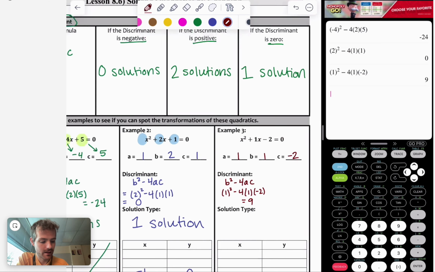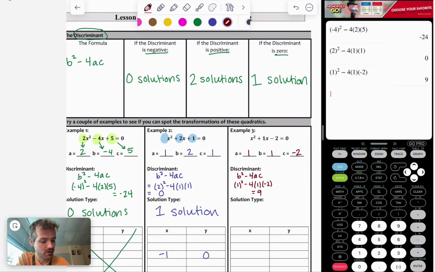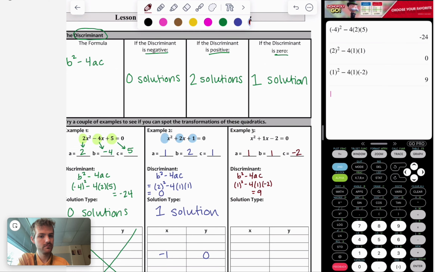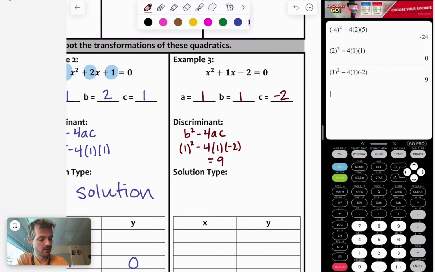Well, because that discriminant is a positive value, that tells us we are going to have 2 solutions. So we will have 2 solutions.